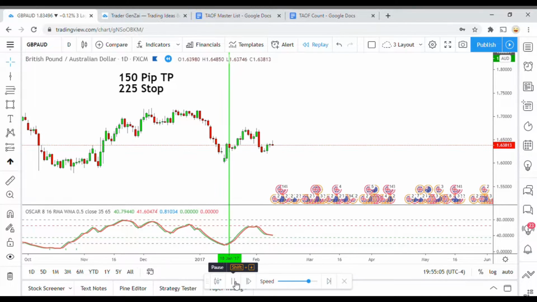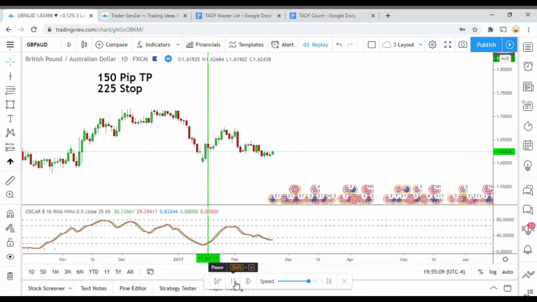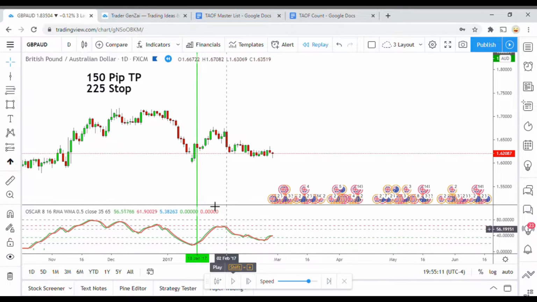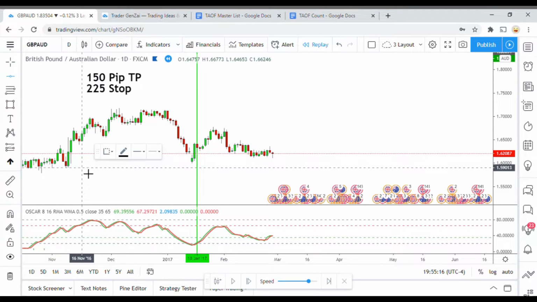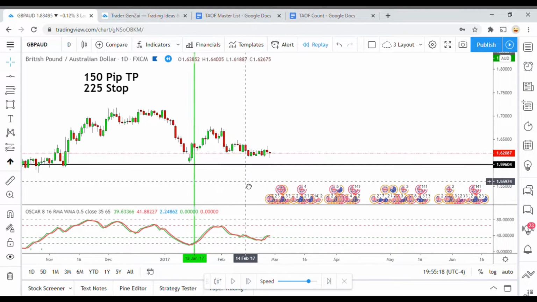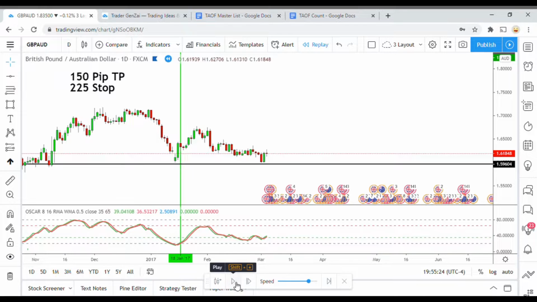See what it does. It reversed, bounced down pretty hard. It's now running back into this area here that it was on. Now this area of support doesn't seem to be quite making it down too far.